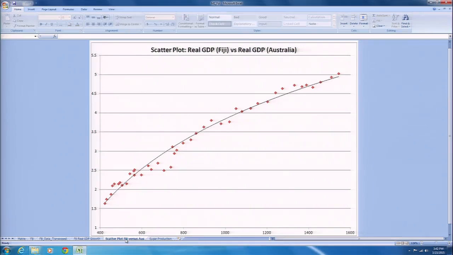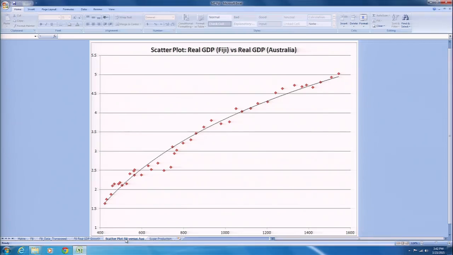But what's evident here is that, at least in raw form, there seems to be some sort of smooth nonlinear relationship, or exponential relationship, between the two series, or the two countries, which, if we took logs, might become linear, which is suggesting the use of a linear regression to explain real GDP of Fiji in terms of the real GDP of Australia.